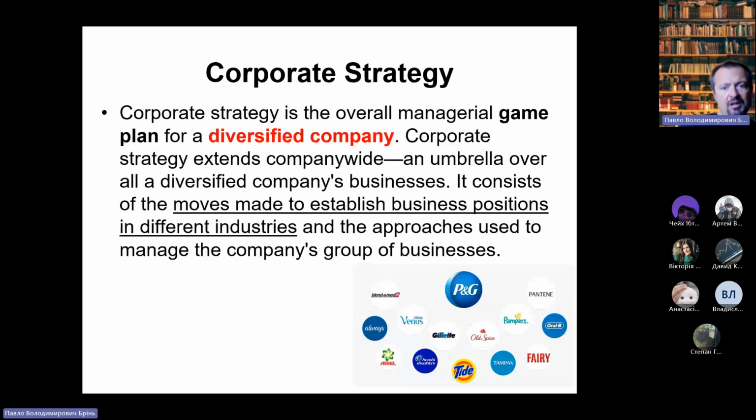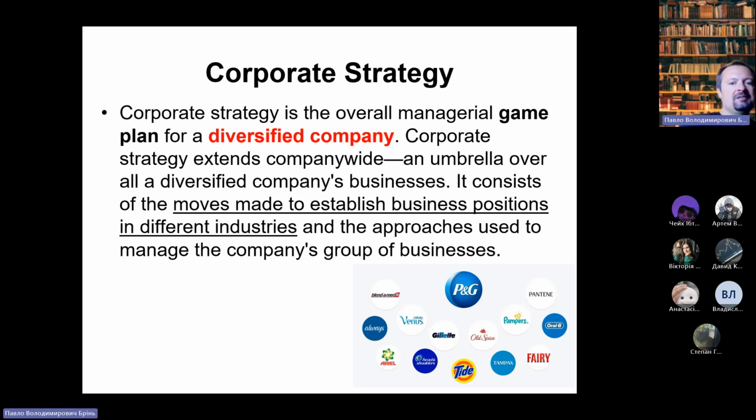Corporate strategy. I told you that if our company has a lot of strategical business units, and here in this picture I decided to place the picture connected with Procter & Gamble, because I think now it is the biggest fast-moving consumer goods diversified company.